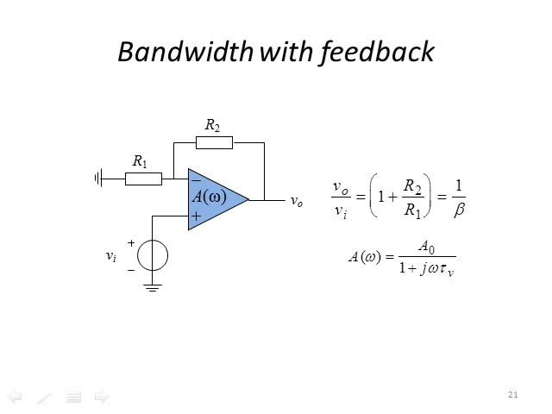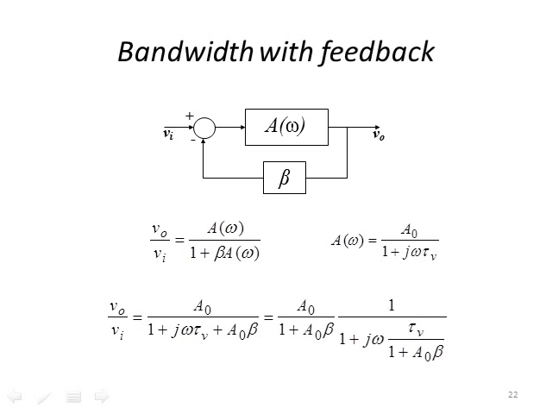So in reality, we have to modify our original representation of the operational amplifier when we include a frequency response with feedback. And we do this using this block diagram with beta now, that's the gain from our operational amplifier.